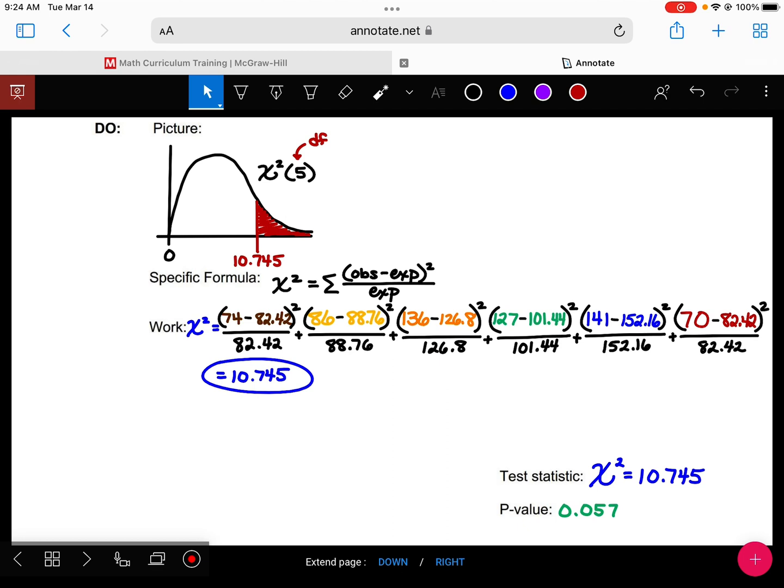This is the same calculations that we did yesterday. It's just written out this way instead of written in columns. It's exactly the same thing that we did.